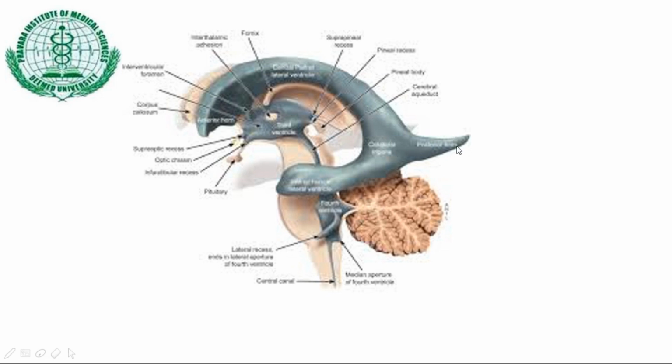This is the posterior horn of it, extending from the posterior part of the central part into the occipital lobe. And downwards and forwards from the posterior part of the central part, this is the inferior horn of the lateral ventricle.